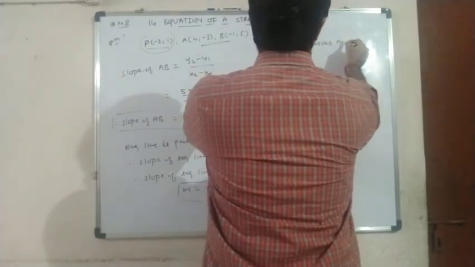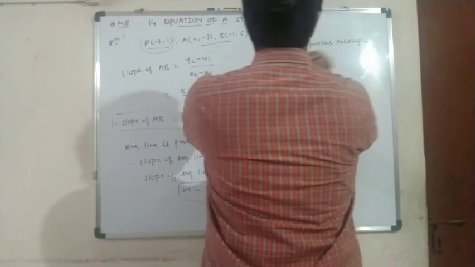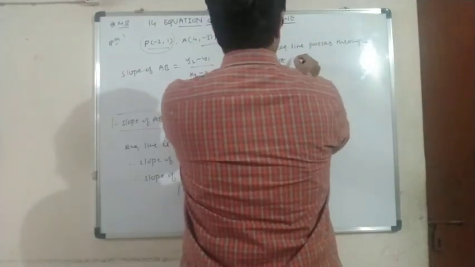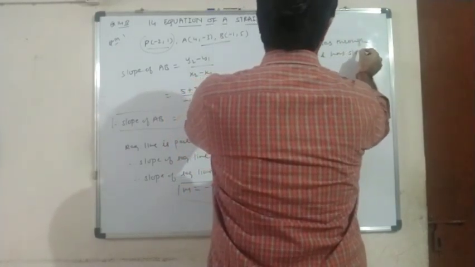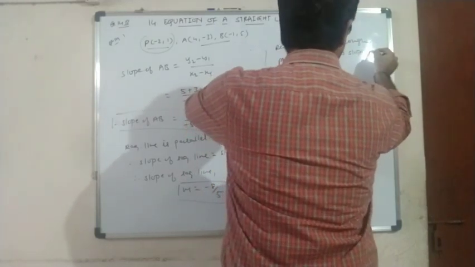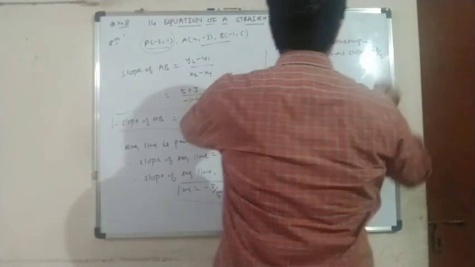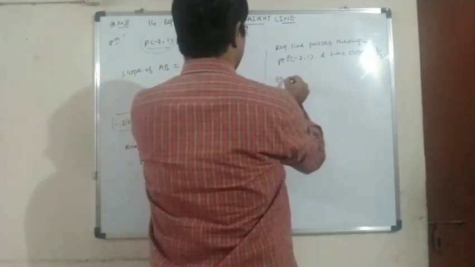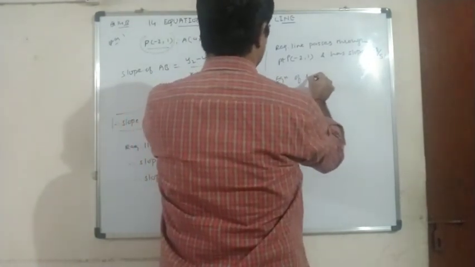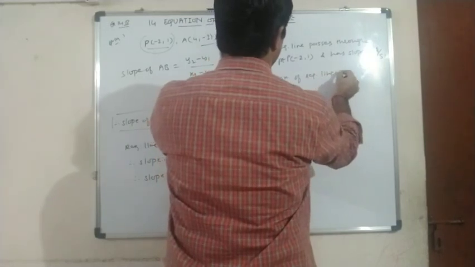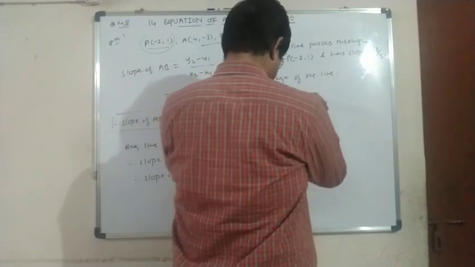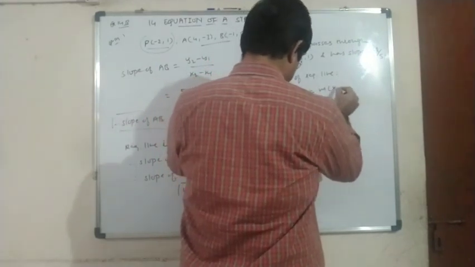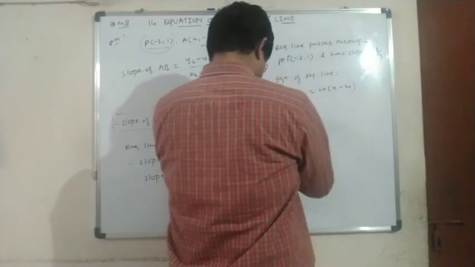So the required line passes through point P (minus 2, 1) and has slope minus 8 upon 5. Therefore, for the equation of the required line, again we will use the point slope formula: y minus y1 is equal to m into x minus x1.